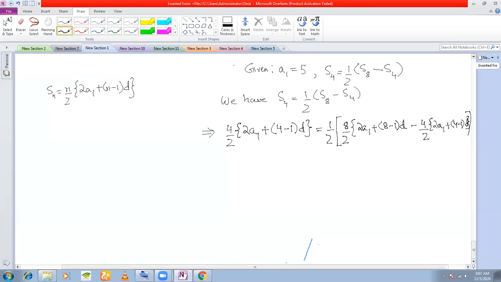Okay, that's it. Now you put the value of A1 because you know A1 also. Just simplify a little. 4 by 2 is 2 and put the value of A1.